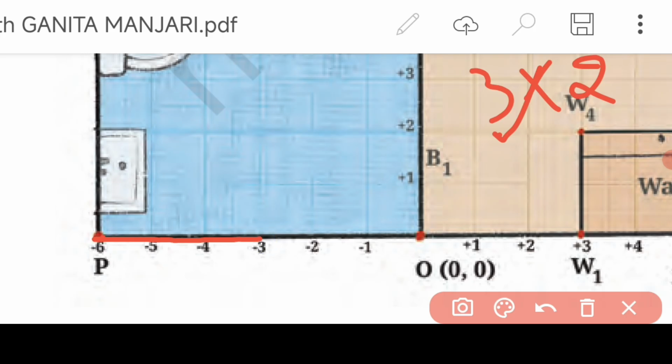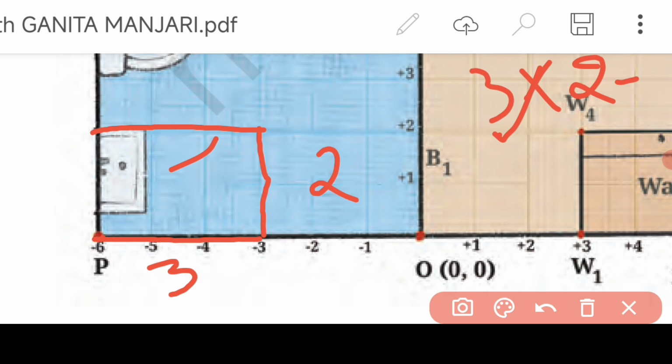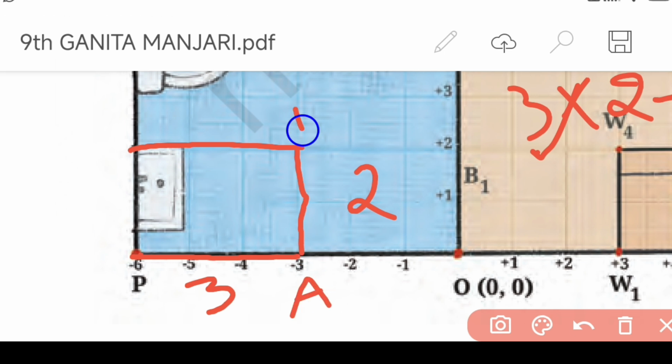This is the 3 feet. Next 2 feet. 2 feet means from here take 2 feet. So until here 1, next 2. This is the 2 feet. Now join this one also. So this is the area of wash basin. Capital A, this one is capital B, and this one is capital C.